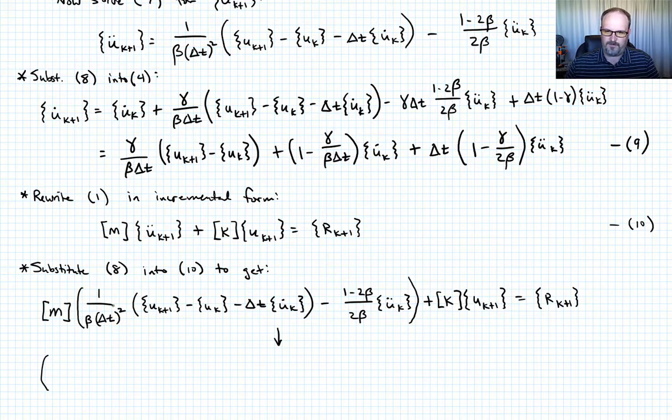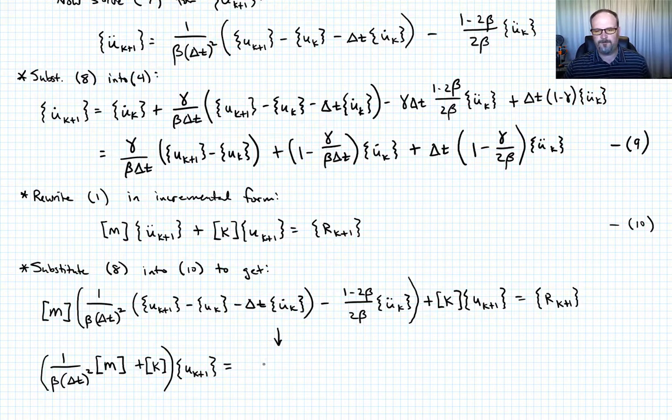So I have the first term, 1 over beta delta t, the quantity squared, times my mass matrix M, and then another term, plus K, that quantity times u of k plus 1. You'll see the rest of my terms are all negative, so I'll write an equal sign there. This now equals r of k plus 1.